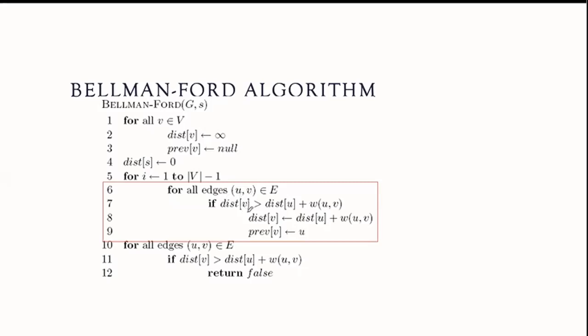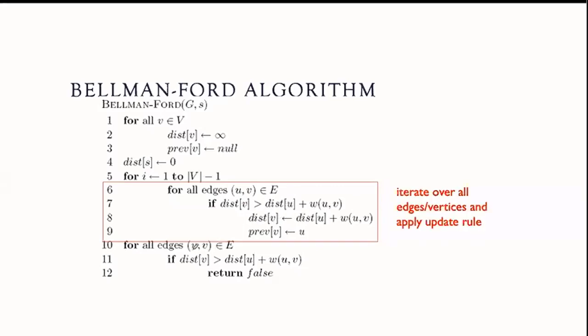Check whether the distance of V is greater than the distance of U plus the weight of UV. If it is greater, then update the distance of V. If it is less, don't do anything. You will understand this with the example; it is a very simple algorithm. We consider one edge at a time and update the distance of each vertex.